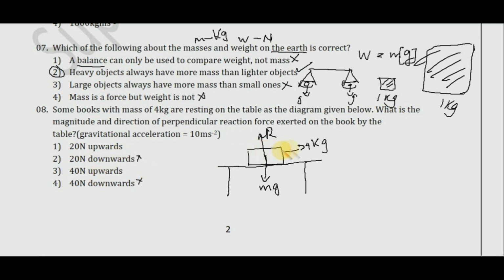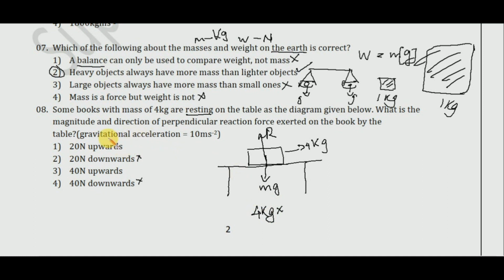And what is the value? You go to Newton's third law. If this is at rest, we say upward forces are equal to downward forces. Every action has an equal and opposite reaction. So if we find the action, we can find the equivalent reaction, because the mass is 4 kilogram and the gravitational acceleration is given.